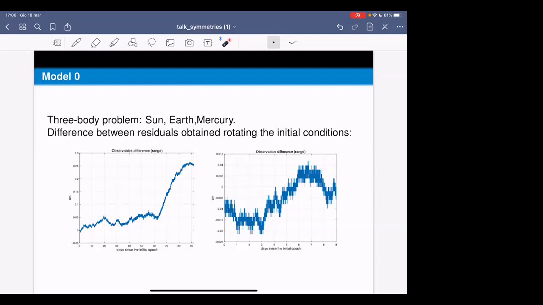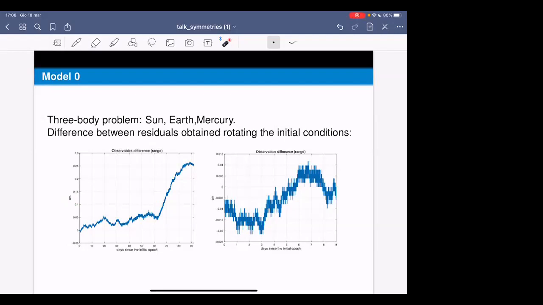Then we rotate all parameters, and we see if the residuals change or not. If there is an exact symmetry, these residuals should not change. And in fact, this is the case. As you can see here, the change in the residual is almost only numerical error.